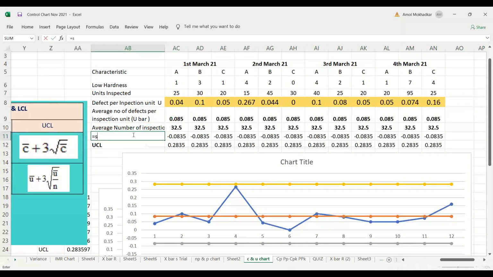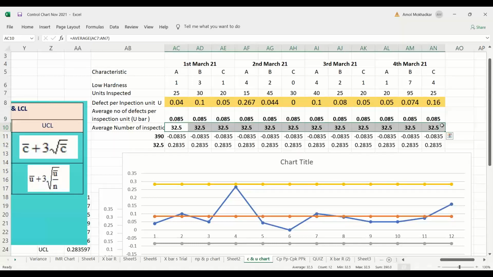So the sum of all the inspection units, this is the sum, and how many data? 12 data are there. So you divide this by 12, so it is 32.5. So the average number of inspection units is n, so you write 32.5 at all the places.